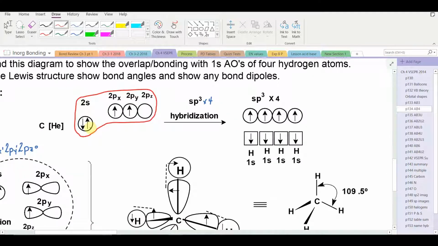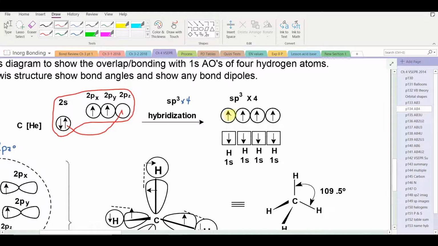Carbon has promoted one of its 2s electrons into the empty 2pz orbital to give us 4 half-filled sp3 orbitals, and now they are in a position to overlap and form 4 covalent bonds with 4 hydrogen 1s1 orbitals.